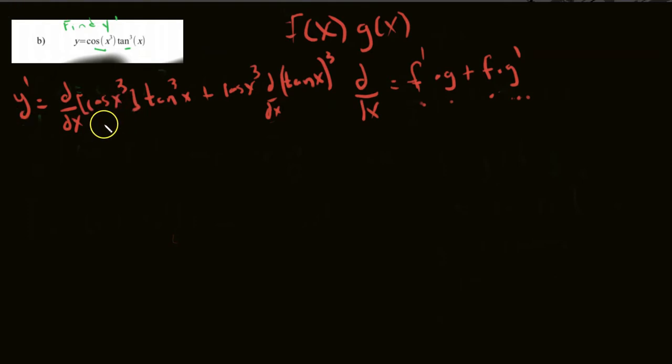Let's work with this cos x cubed here. See that it's a composite function. Let's see what's inside of it. We got 2 functions here, cosine of x, and x cubed itself is another function. So this is function f, and this is function g.